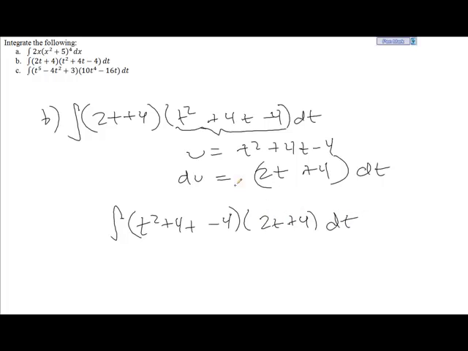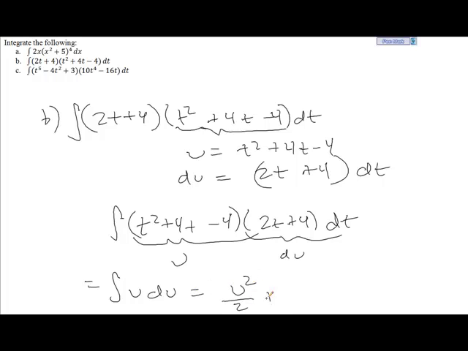And now I can see that this is precisely du, and I can see that this is precisely u. So that equals the integral of u with respect to u, which by the power rule for integration is u squared over 2 plus c, which plugging our u back in, we have t squared plus 4t minus 4 all squared over 2 plus c.